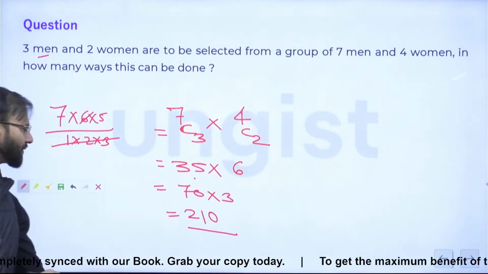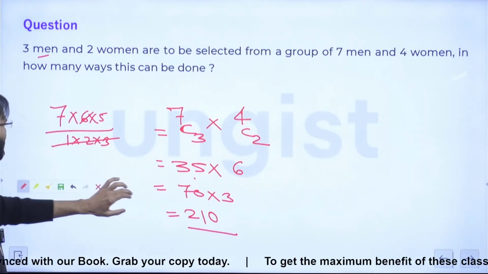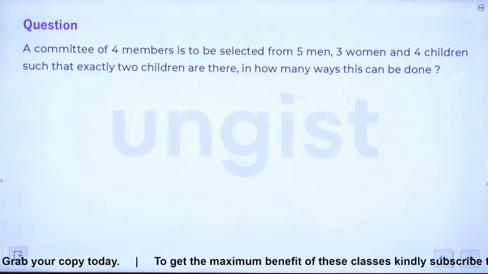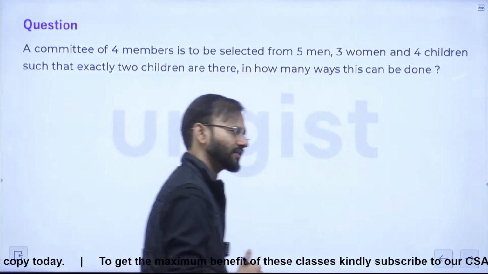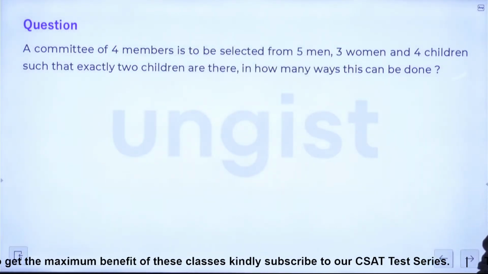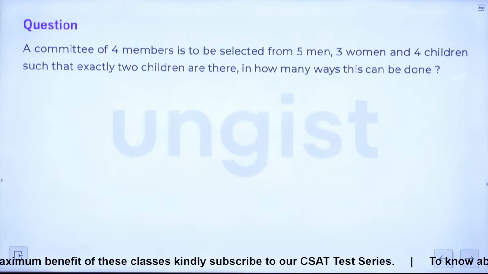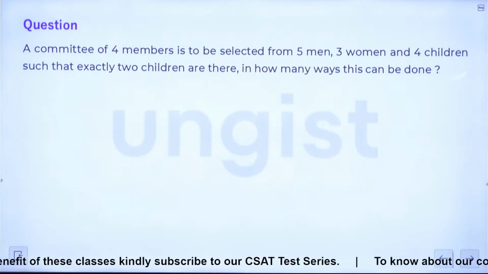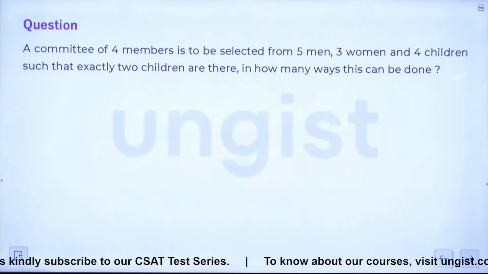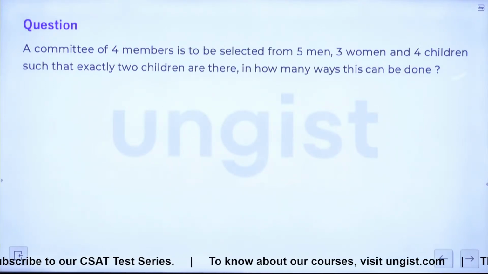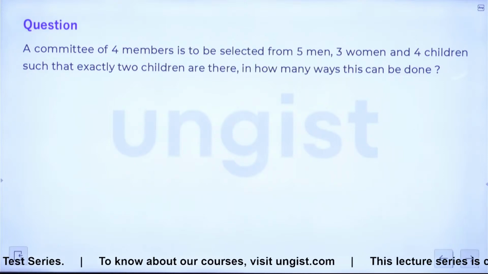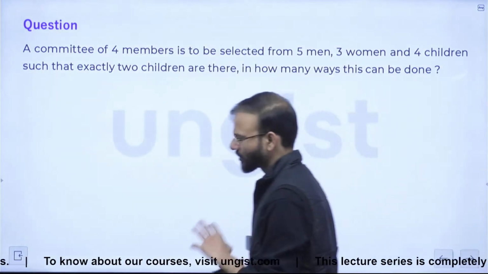Okay, right? All right. Now guys, just read this question and suggest me an approach for these type of questions, right? Don't solve this. Just suggest an approach. See, what the question is saying?